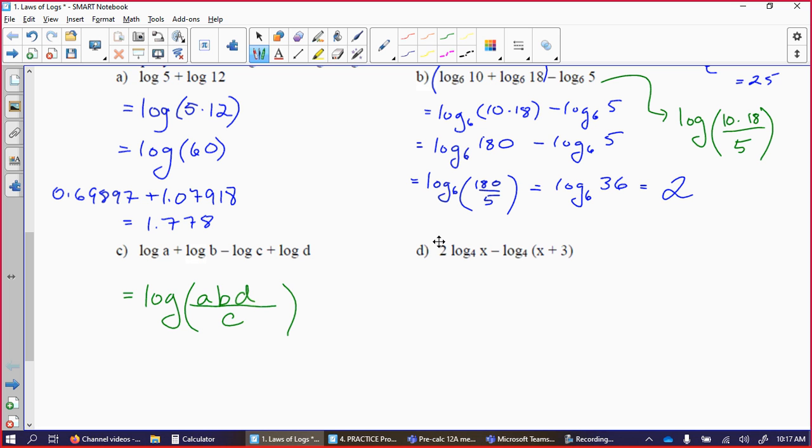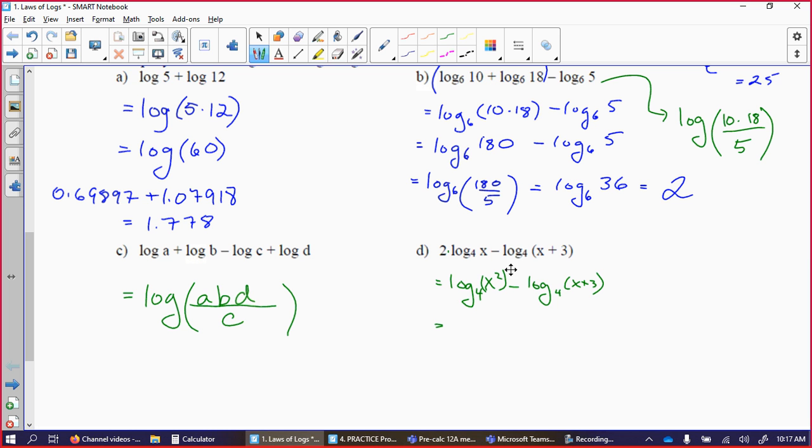This involves the power law now because there's this 2 here, you can't just do x over x plus 3 because this is 2 times that. So the first step here is to use the power law to say this is log base 4 of x squared minus log base 4 of x plus 3. We'll throw a bracket around that as well.